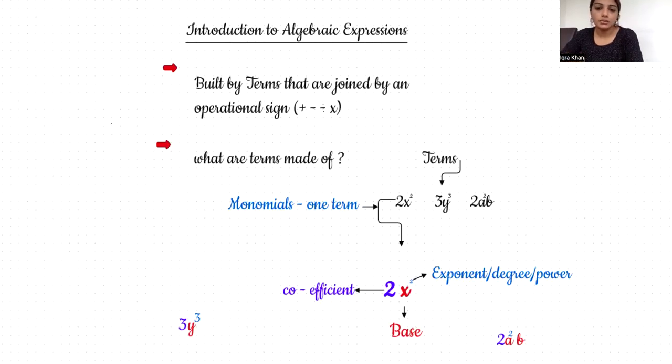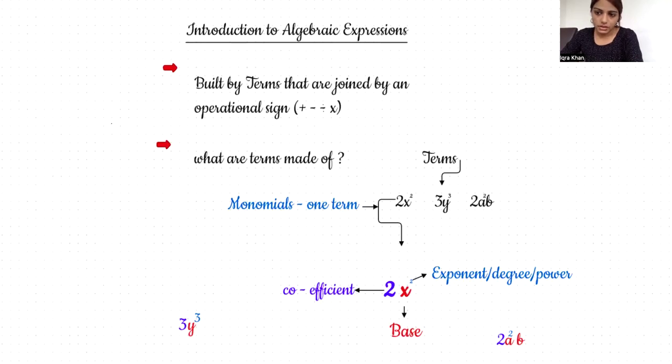So here I have written monomials are one term. So remember there's one term. There's no plus or minus or any other operational sign attached to this, okay? So it's just 2x squared on its own, 3y cubed, 2a squared b. So we call this a monomial. This is one term, okay?